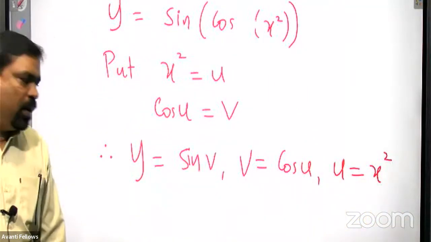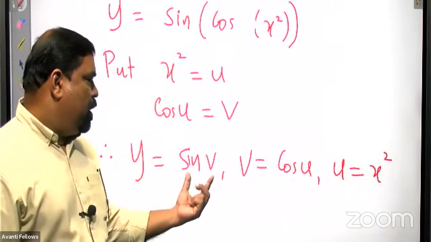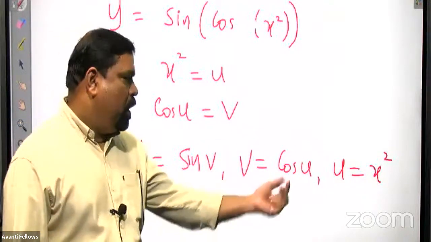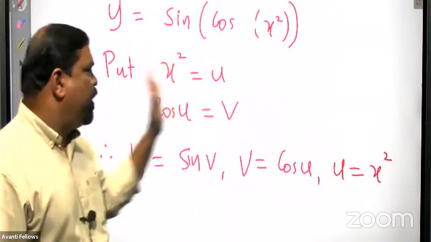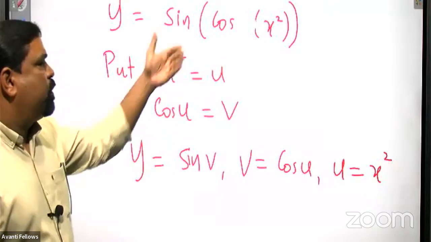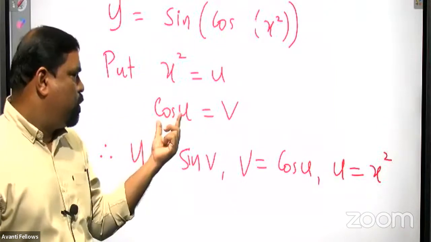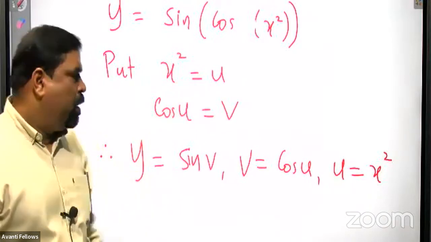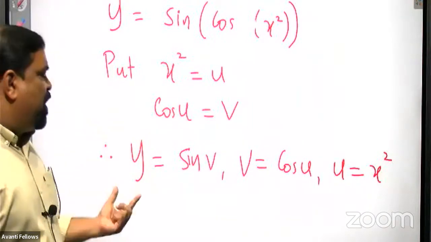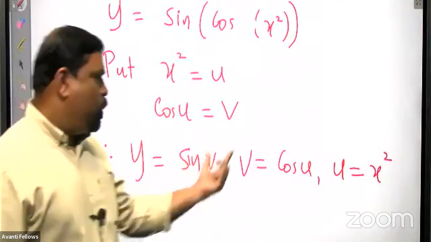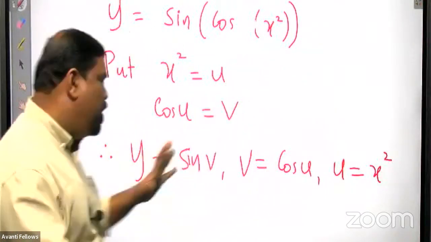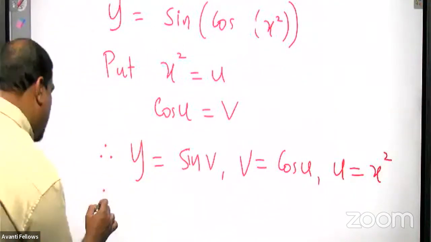Okay, so y is equal to sine v, and v is equal to cos u, and u is equal to x square. The variable you can put anyway. X square also you can put a v, cos v you can put u, no problem. Okay, now there are three functions: y is sine v, v is cos u, and u is x square. We all differentiate each and every one.